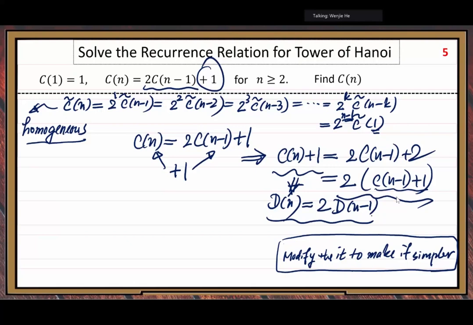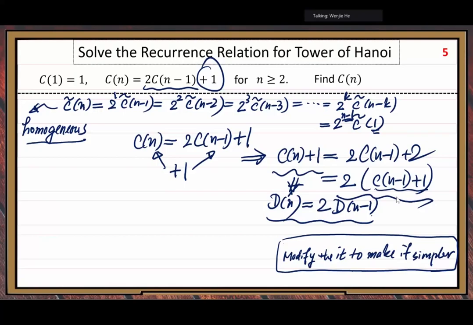After you introduce the new d function, you make it completely homogeneous, right? Can you apply your previous solution for the homogeneous one? Because you already solved the homogeneous version of the recurrence relation.